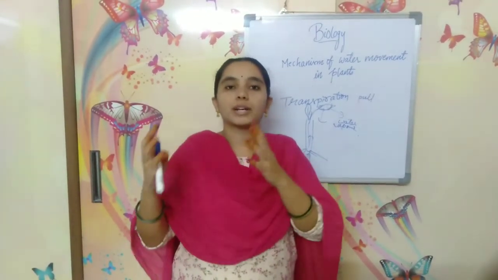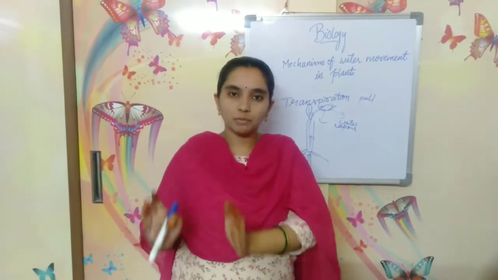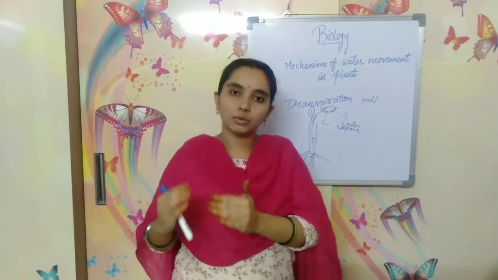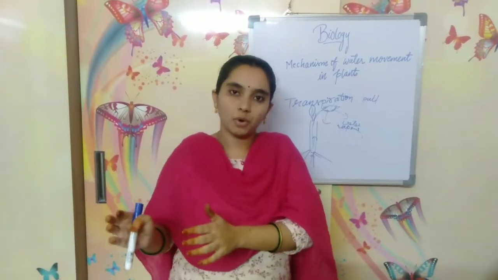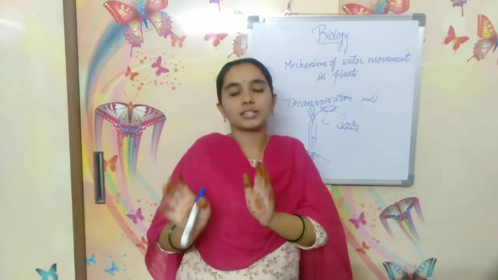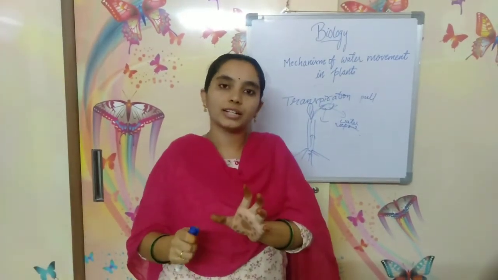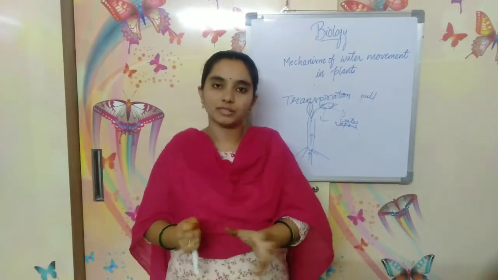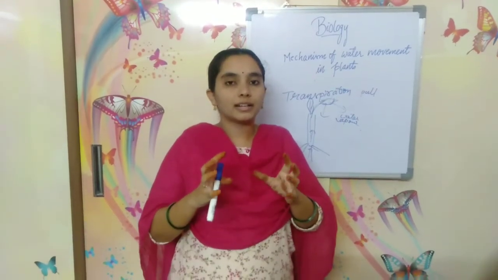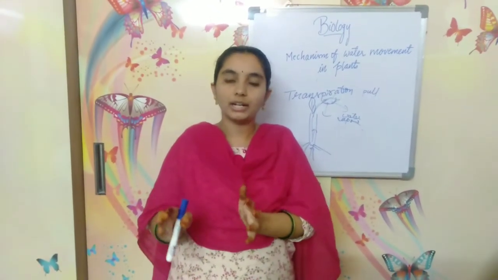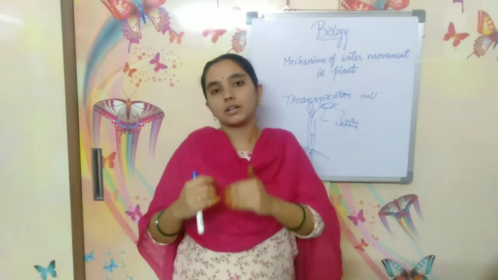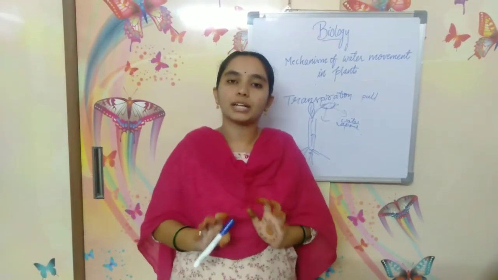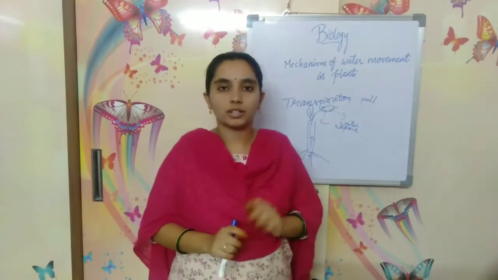When water vapor is more, it reaches a saturation point and forms clouds, and those clouds cool down when they reach the saturation point. I think you know what the saturation point is. When we discussed the plasma membrane lesson in 9th class, I told you what saturation means. At that saturation point, the water vapor comes down to the earth again in the form of rain. This is the mechanism involved in the transportation of water.